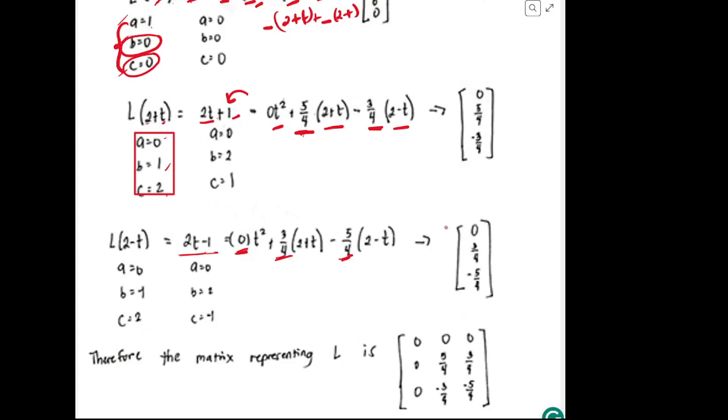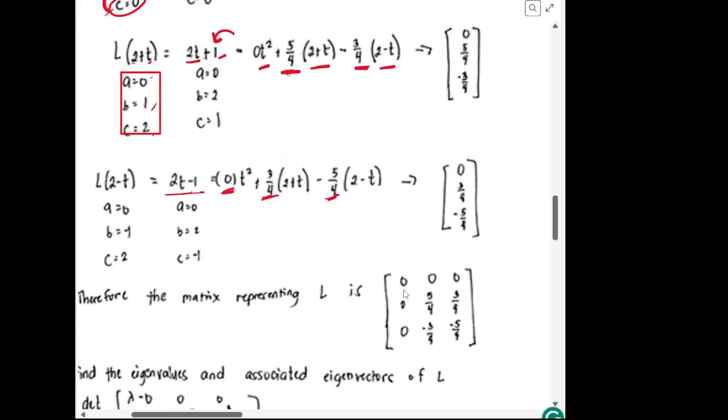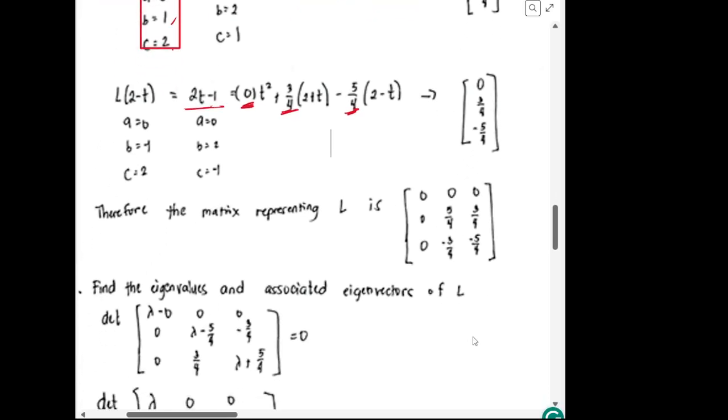Okay, and that's it. Now, mag-form sang vector. Now, from the vectors, ibutang mo siya as the matrix representation. Okay, change the sign. Then, write lambda minus for the diagonal.